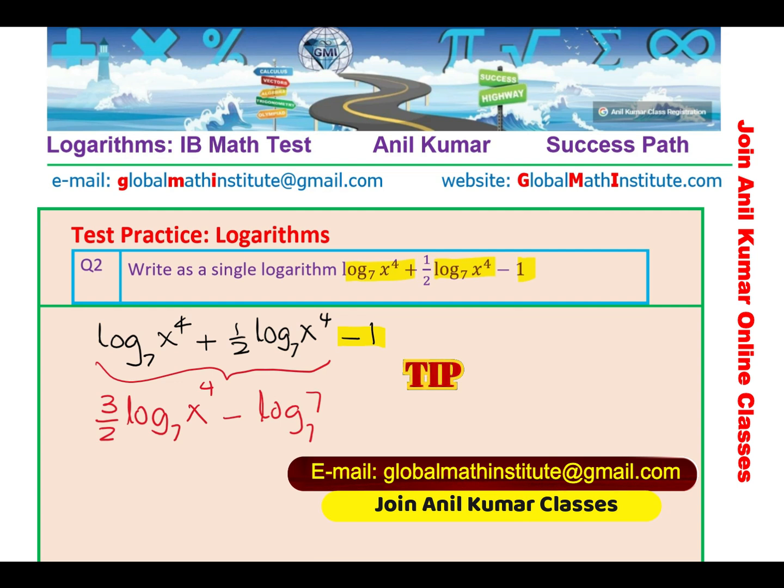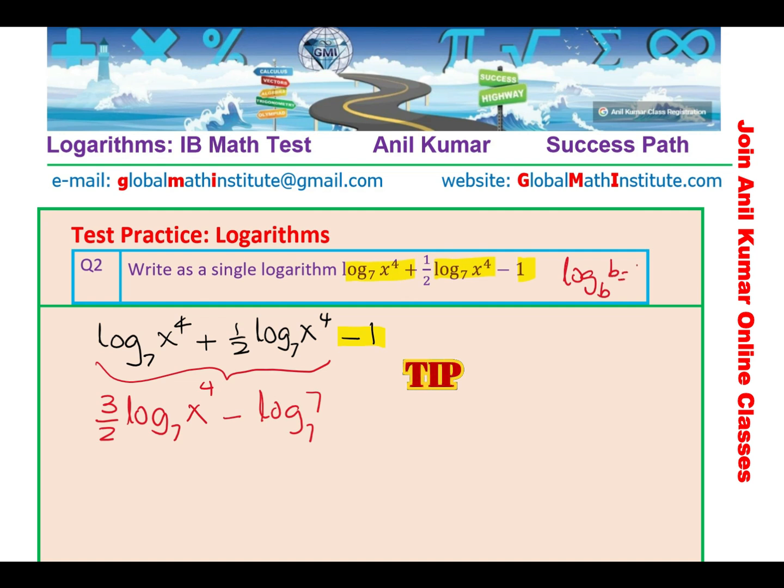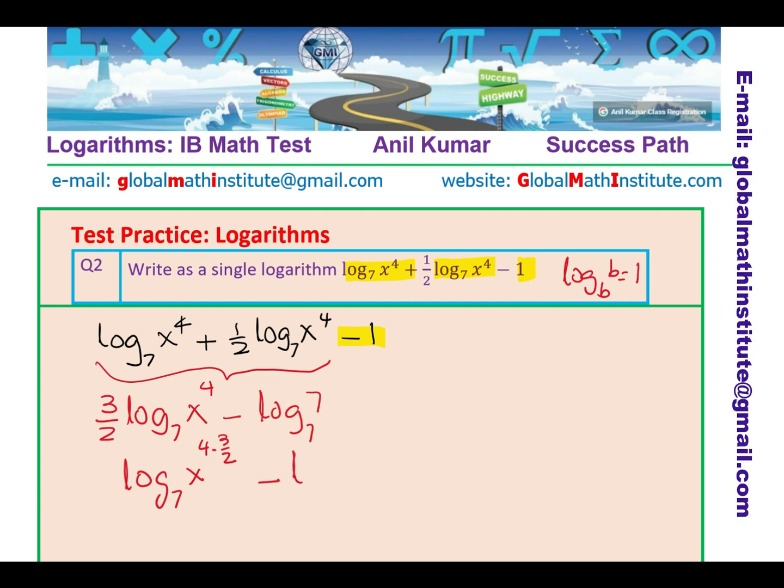So, whenever the numbers are given to you, you can use this concept of log to the base b of b is 1, right? Simple as that. So, this is the concept which I wanted to teach you from this particular example. Clear? Now this is simple, right? We could write x to the power of 4 times 3 by 2, correct? And then we will just combine them.